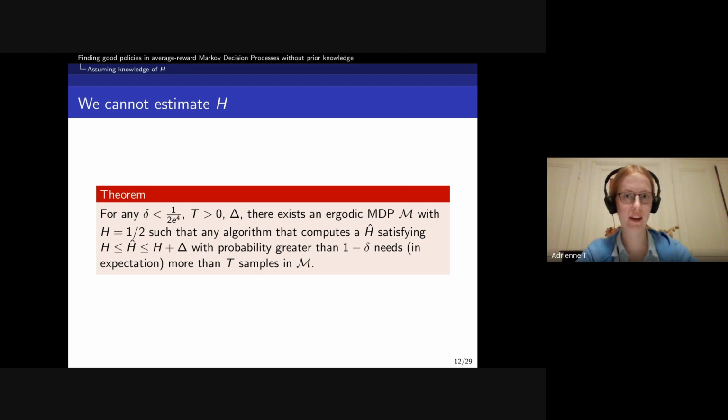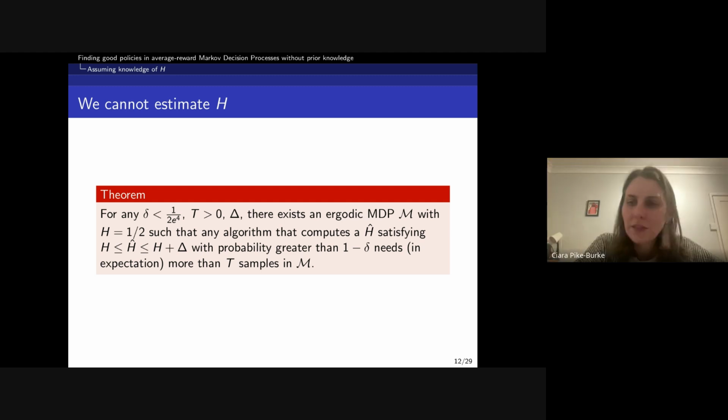Since it's a worst case bound, it's just a given MDP in which you would need that many samples. And it just happens that this specific example has similar H and D. I couldn't tell you how exactly the MDP is built. But it's a property of the structure of the MDP that they've chosen.